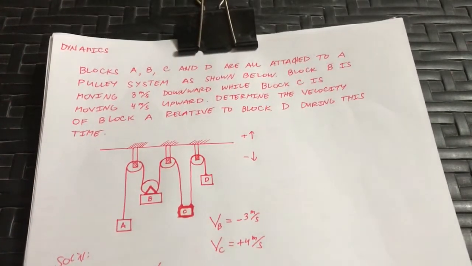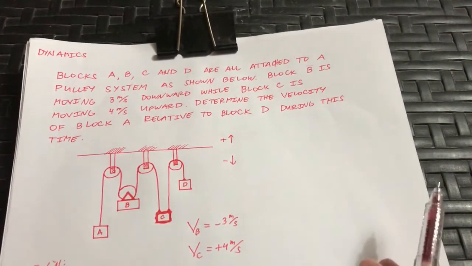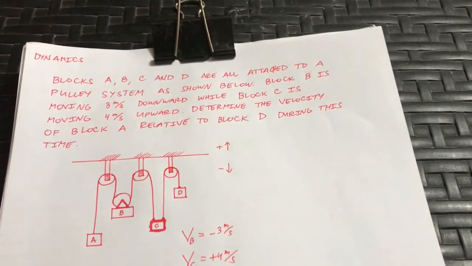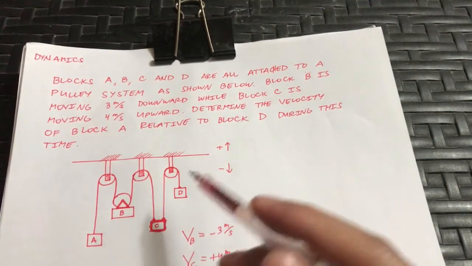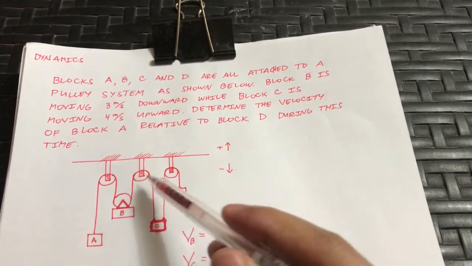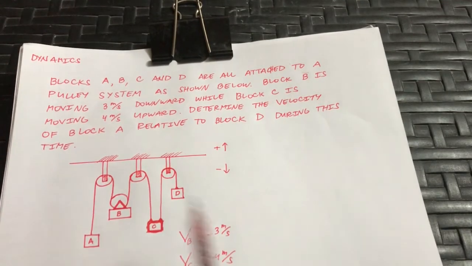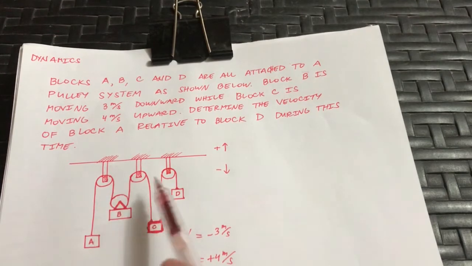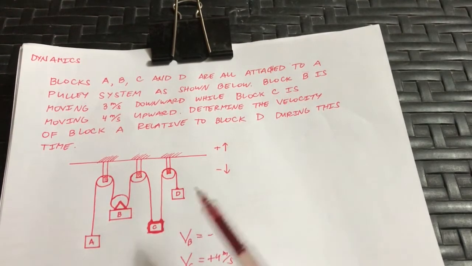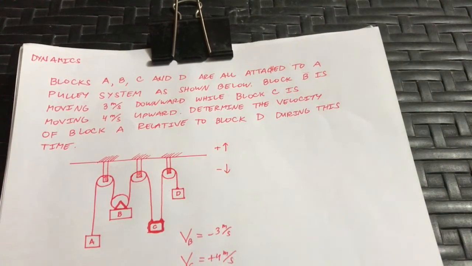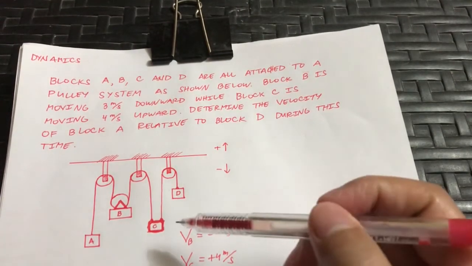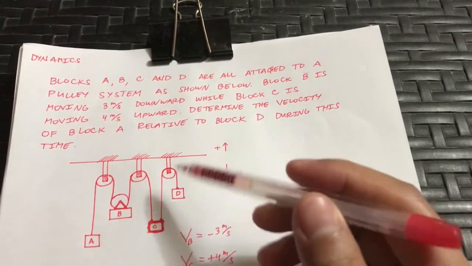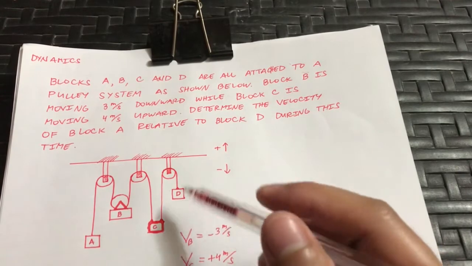This is where the dependent motion analysis comes into play. When we have a dependent motion analysis, especially for pulleys, we can solve the problem by analyzing the movement of the rope. Note that in these types of problems, it is commonly assumed that the rope does not stretch, or the stretch is not critical enough to affect the problem. So we shall assume that the rope is rigid and will not change in length even after the blocks are moving.